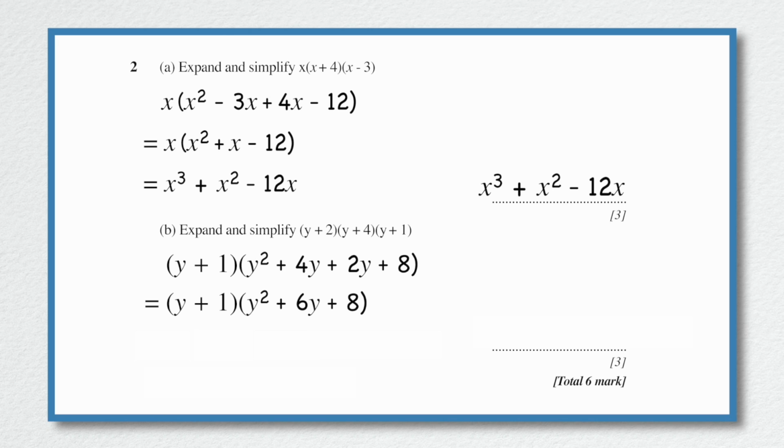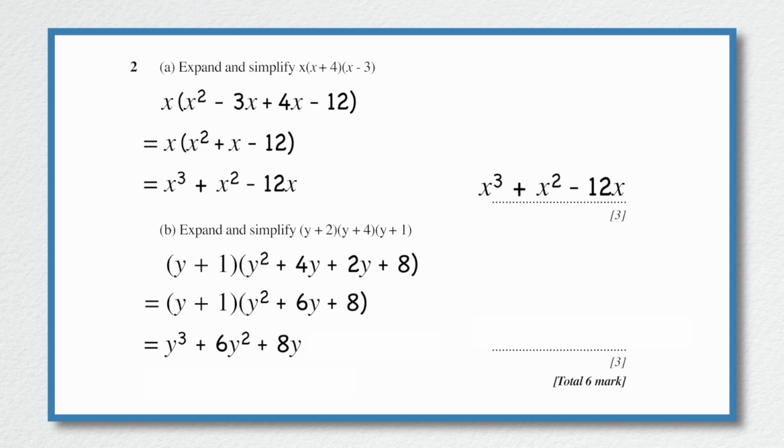The next stage is to expand these brackets. Well, let's do that. We'll begin by multiplying through by y. Y multiplied by y squared is equal to y cubed. Y multiplied by 6y is equal to 6y squared. And y multiplied by 8 is equal to 8y.